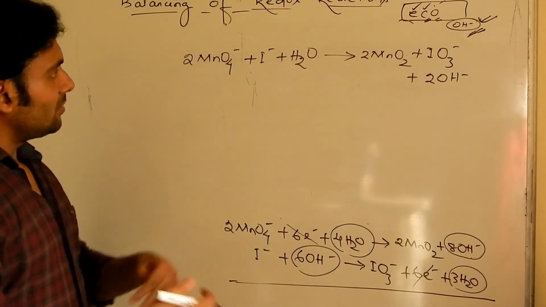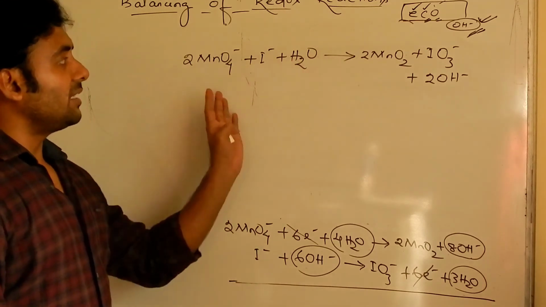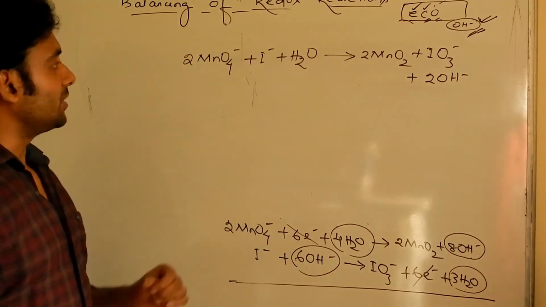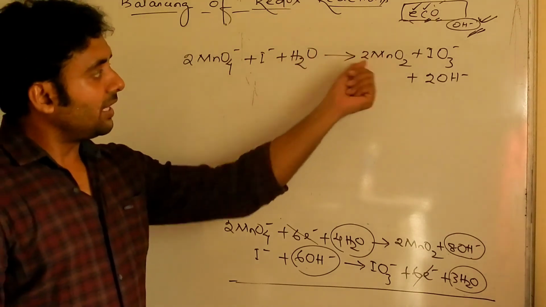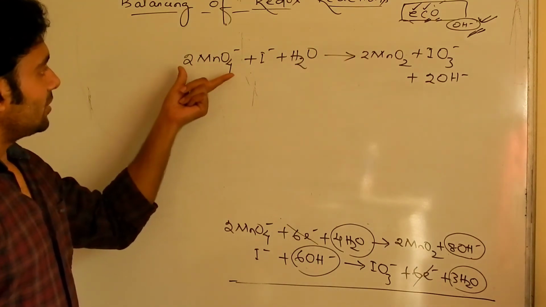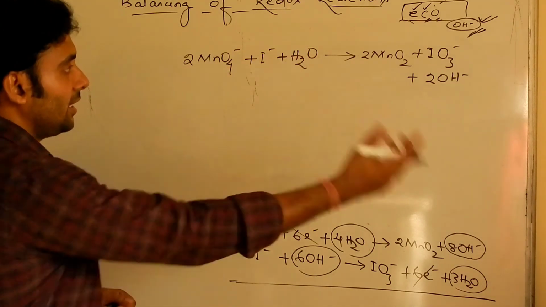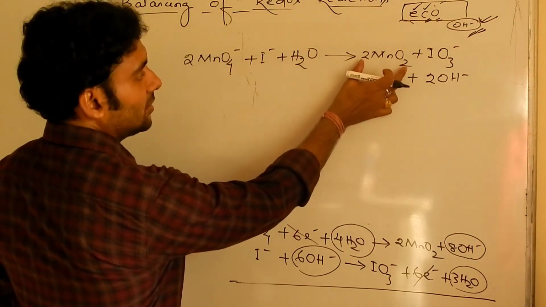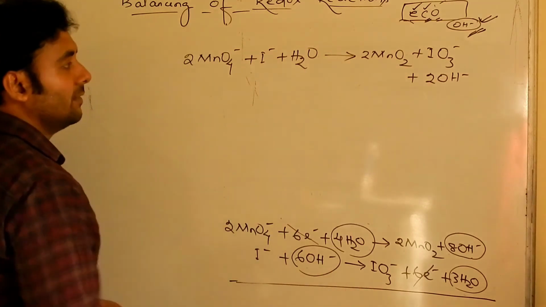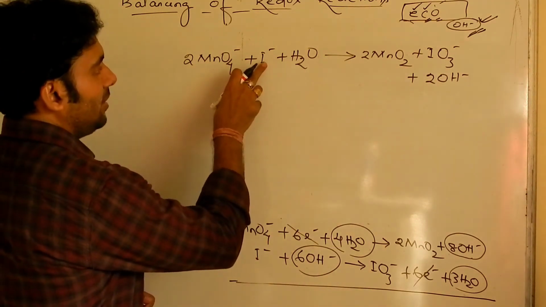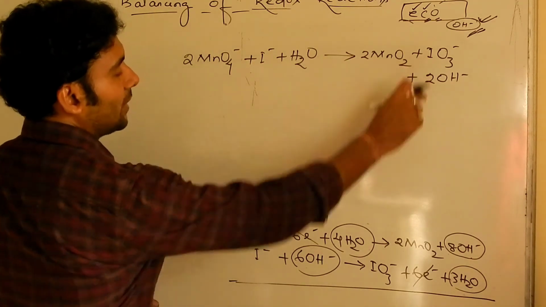Just check whether all the atoms and the charge are balanced on either side of the equation. There are 2 manganese on the reactant side, and 2 manganese on the product side. Oxygen: reactant it is 8 plus 1, that is 9. In the product side the oxygen is 4 plus 3 plus 2, that is 9. For iodine it is 1 in the reactant, and in the product also 1.